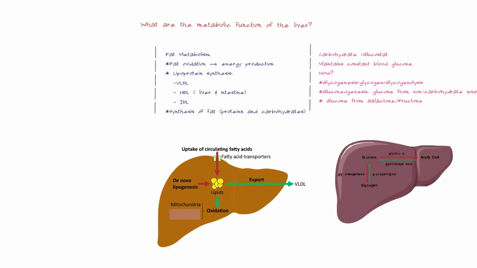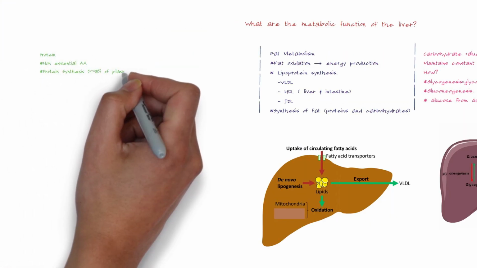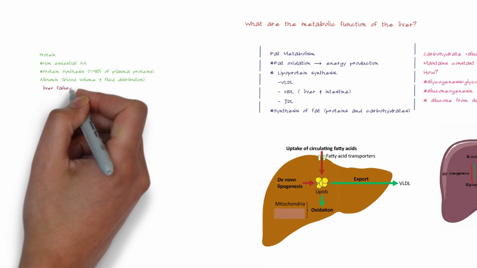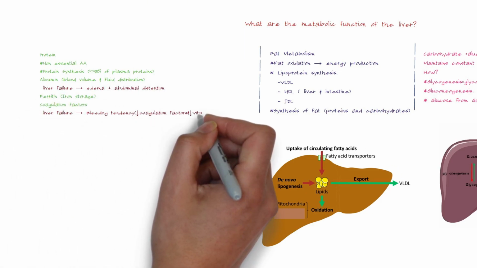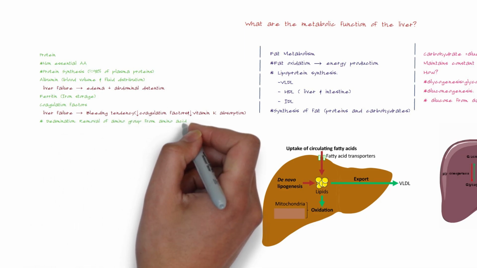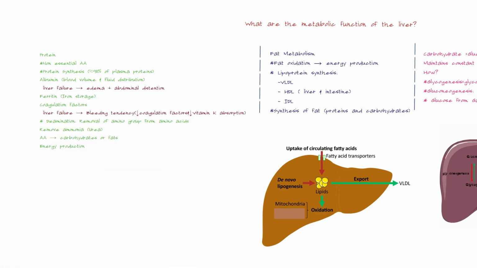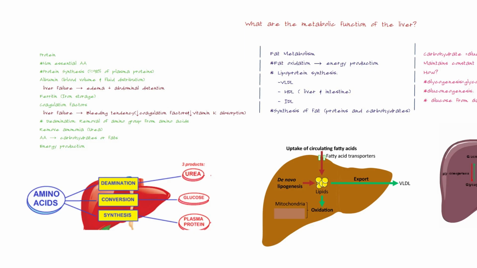For fat, remember three: oxidation of fat for energy, synthesis of fat from carb and protein, and transporting by lipoprotein. For protein, also remember three: protein synthesis, non-essential amino acid synthesis, and deamination.